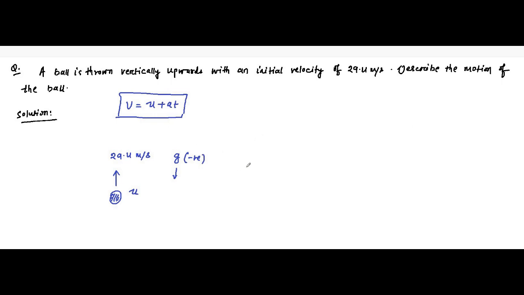For the upward journey against gravity, the equation will be v equals u minus gt, because gravity is acting downwards and the initial velocity is directed upwards, so it will be opposing the motion.